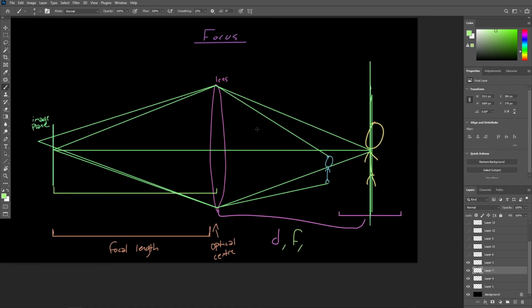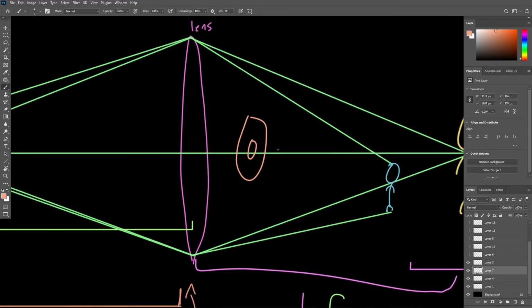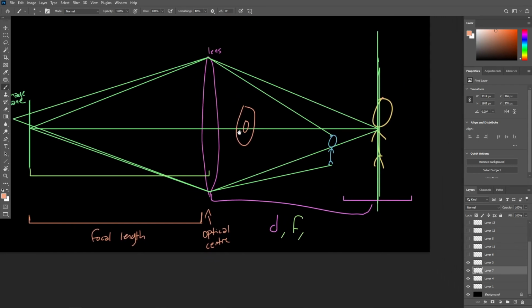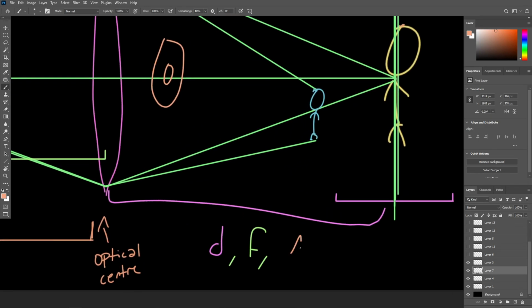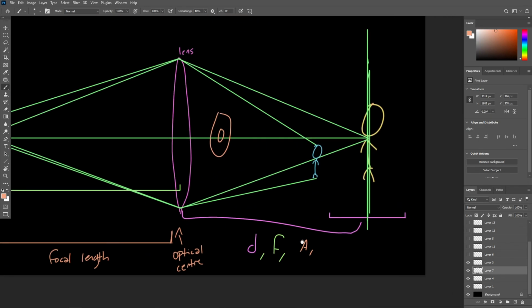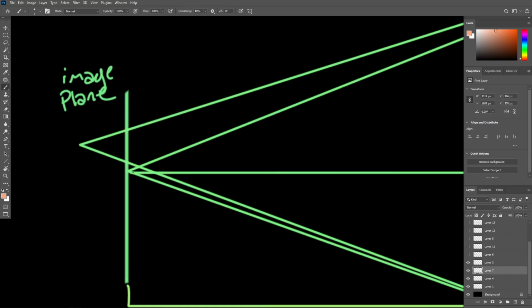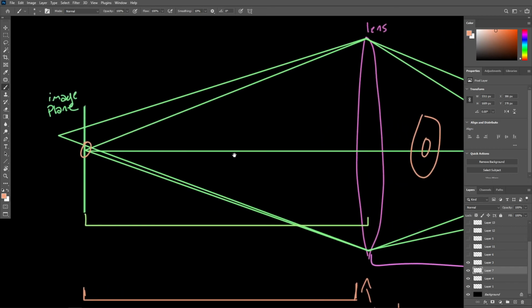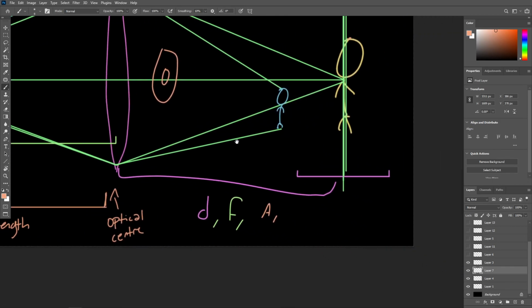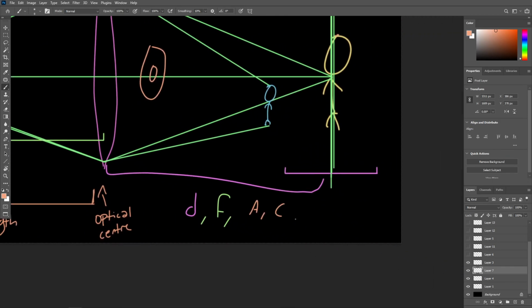We don't have a lens drawn here, but let's imagine we had a lens here with its opening, which lets light in. So we'll also need a particular aperture, as well as a circle of confusion size, which we remember from just a few moments ago. We'll call that C.